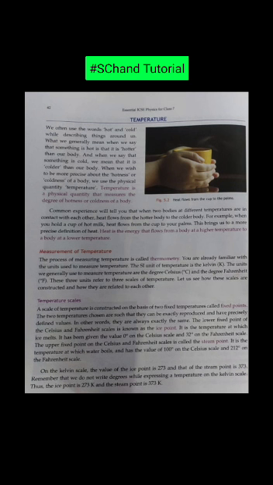So heat is the energy that flows from higher temperature to lower temperature. That is a more precise definition of heat also. Heat always flows from higher temperature to lower temperature.